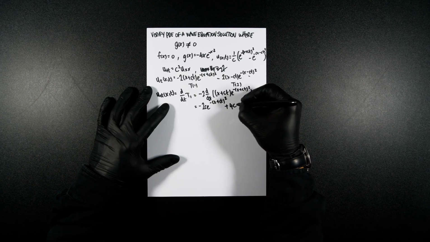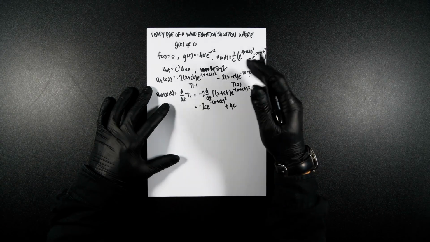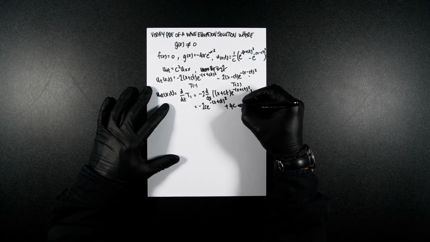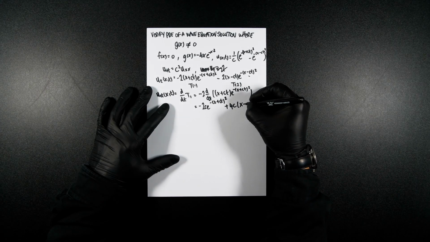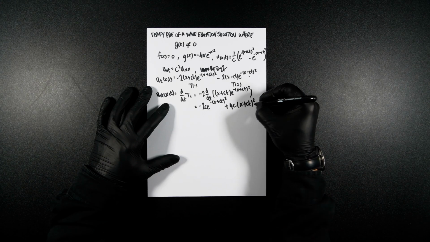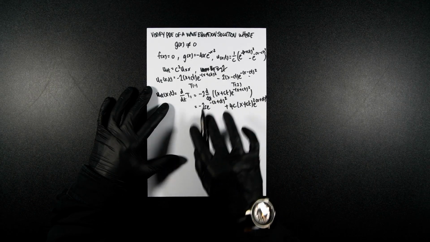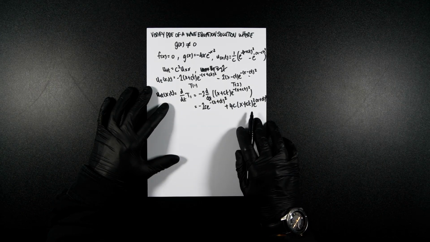This video is for people that want to learn how to verify the PDE of a wave equation, not necessarily learn how to do partial derivatives, so I don't want to waste too much time on that. Anyway, I've now differentiated this for the second time, I think correctly, because I was waffling while I was doing it.